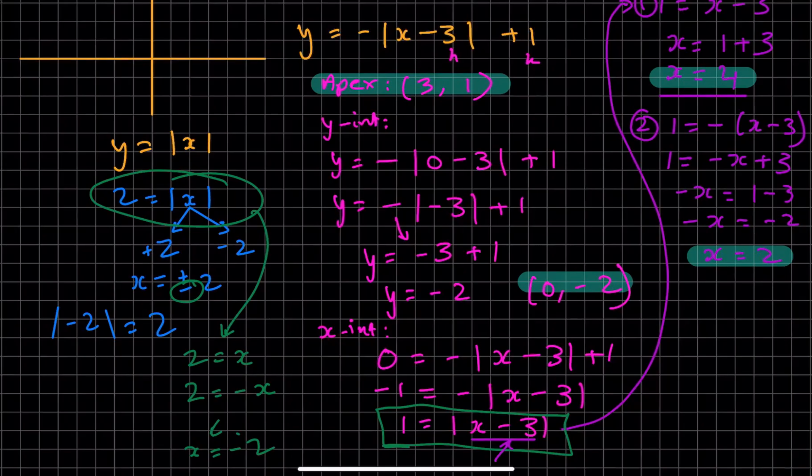So our apex is at 3, 1. That will be over here. 3, 1. Our y-intercept is at 0, -2. So that's over here. And our two x-intercepts are at x equals 4 and x equals 2.